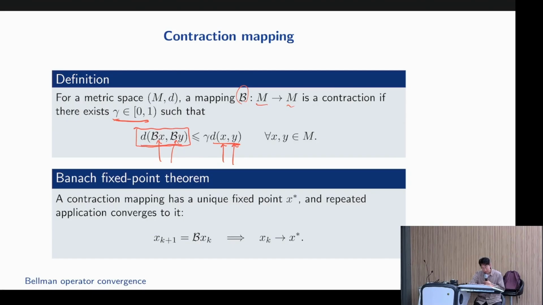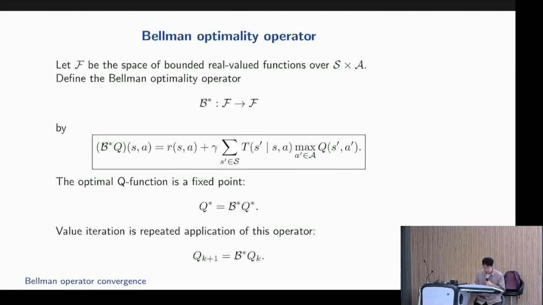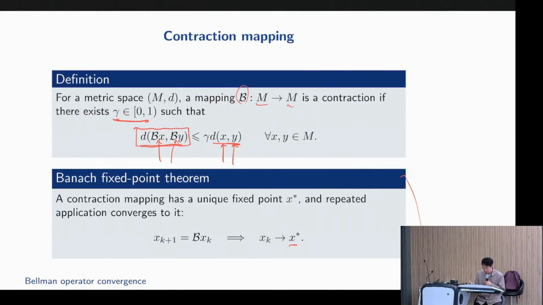And the Banach fixed point theorem states a contraction mapping has a unique fixed point x star, and if you repeatedly apply this mapping, it converges to x star, the optimum point. I don't think we're going to prove this, it's outside the scope, but it's not too difficult to prove.